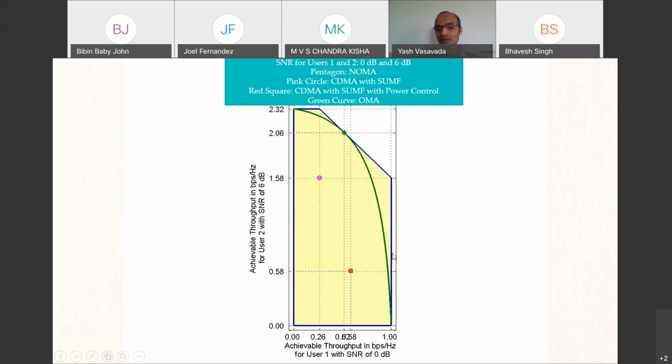It is able to operate at its max data rate of 1 BPCU, which is what it would get in the ideal scenario.